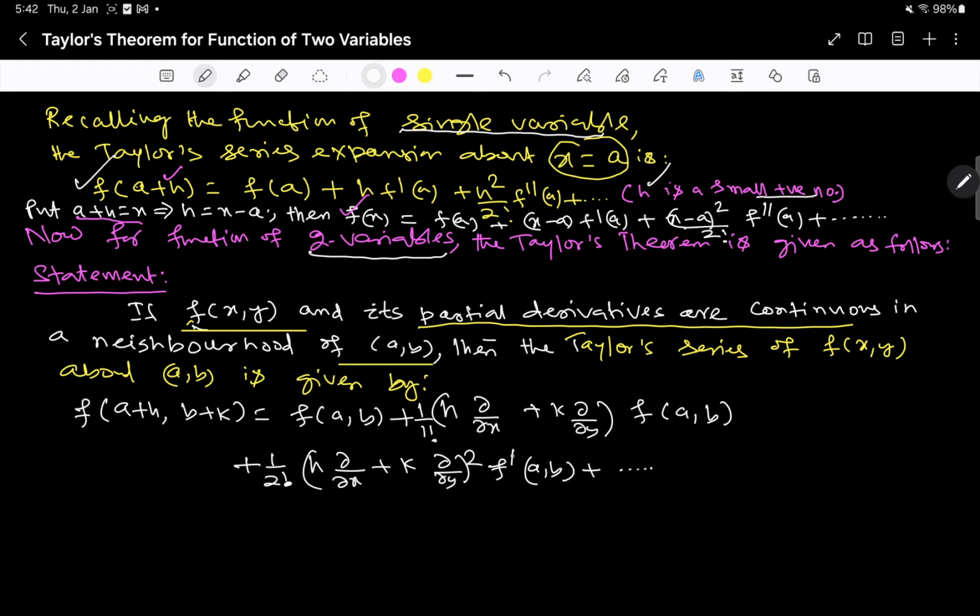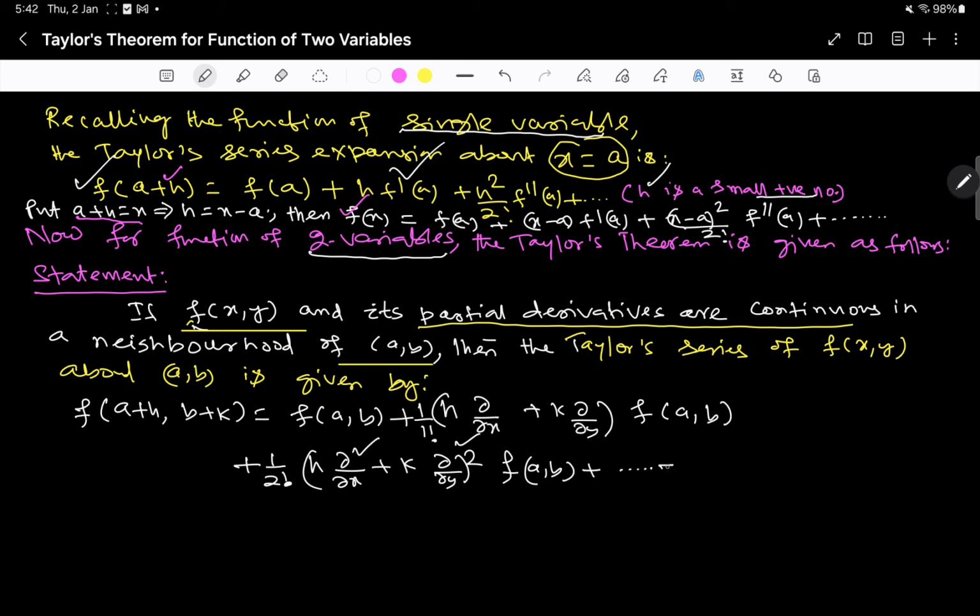It is f, not f dash, because we have already taken the partial derivative with respect to x and with respect to y.